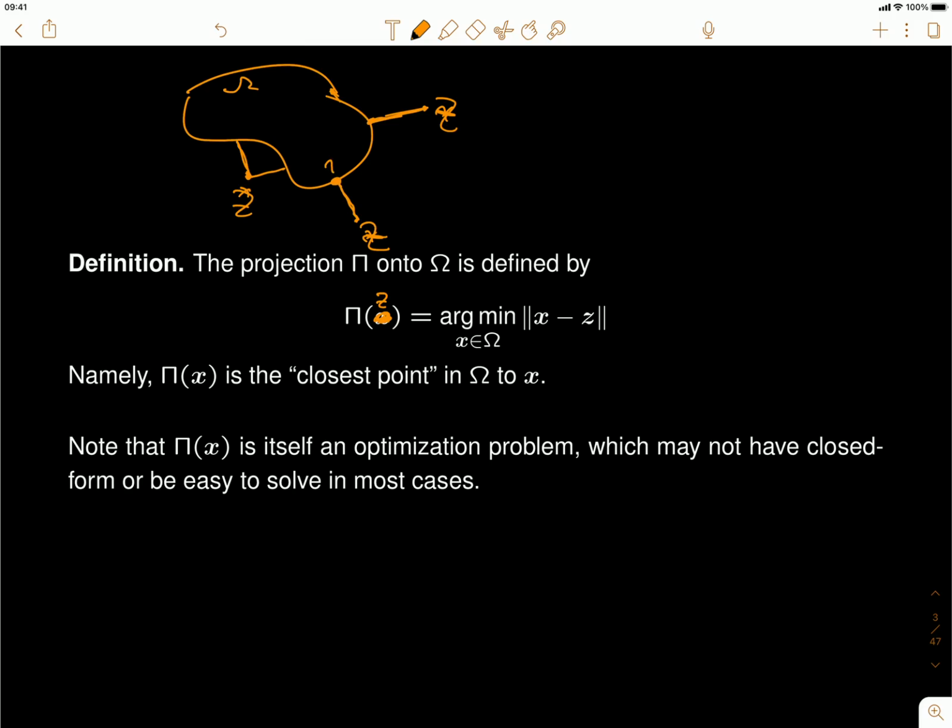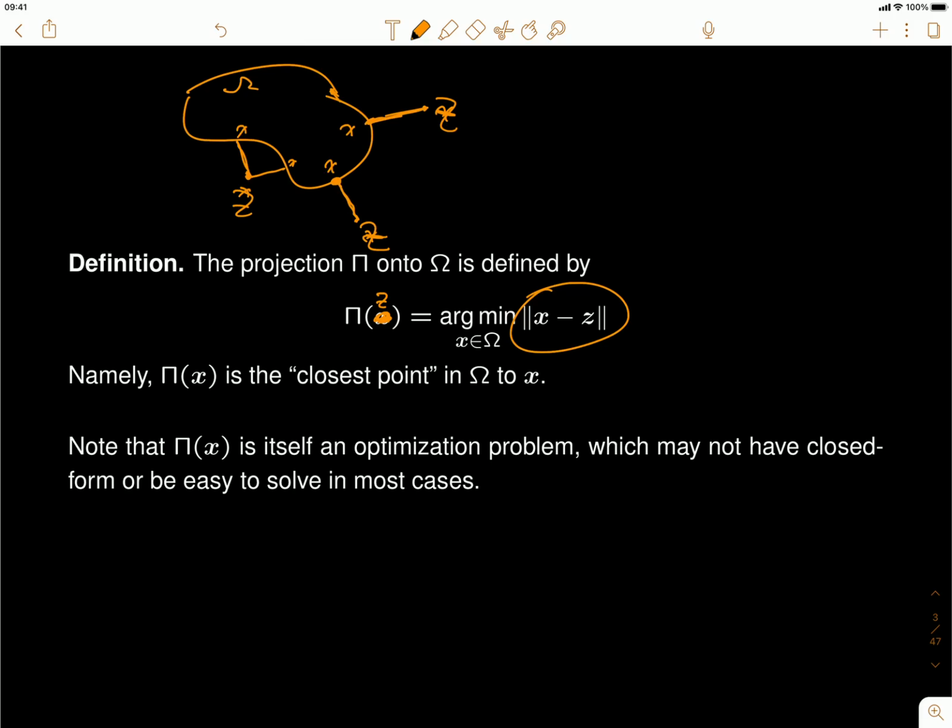So I want to find this x in omega, such that the distance between them is minimized. All right? So this itself is an optimization problem. And as I said, the argmin here tells you the result, and it may not give you just one solution. It could give you multiple solutions, or even a set of points.